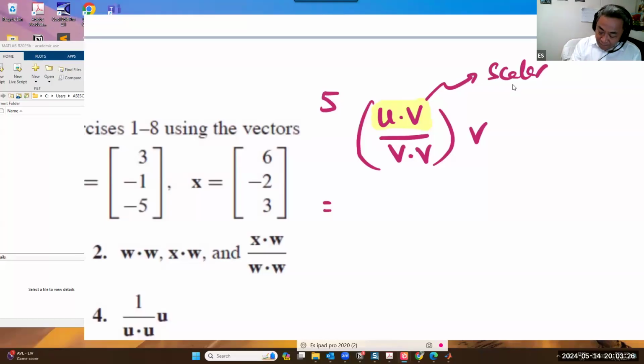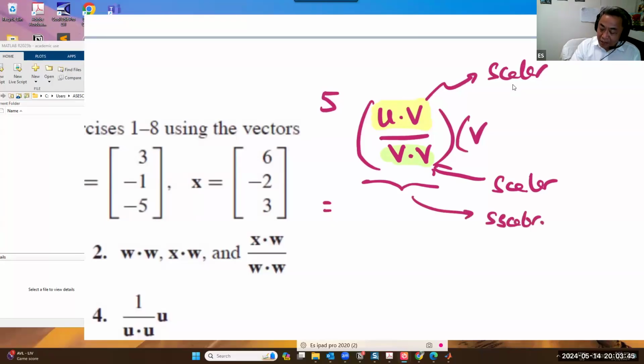And this guy below, the green guy, is also a scalar. A scalar divided by a scalar is again a scalar. And a scalar multiplied by this vector is a vector, an element of R2. It will come out as a vector.